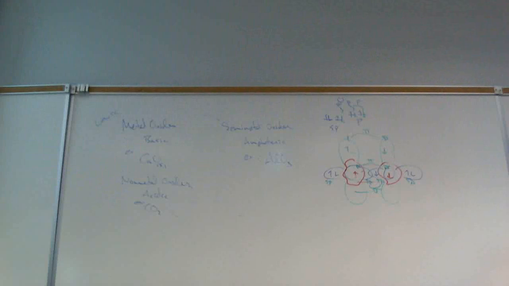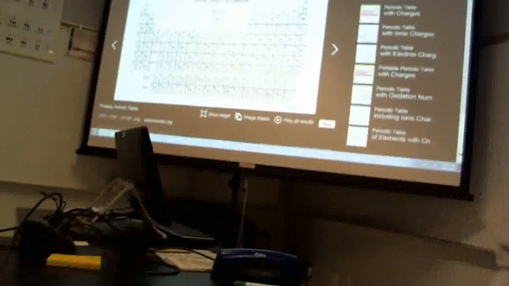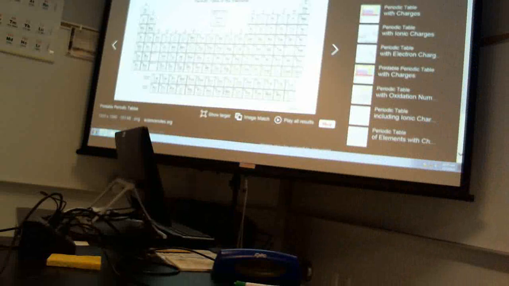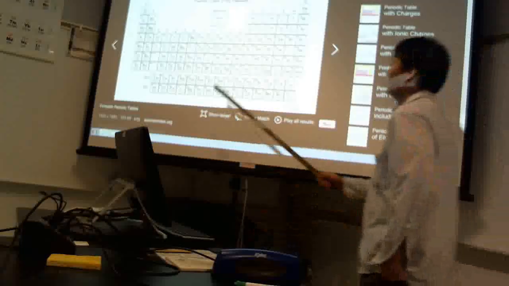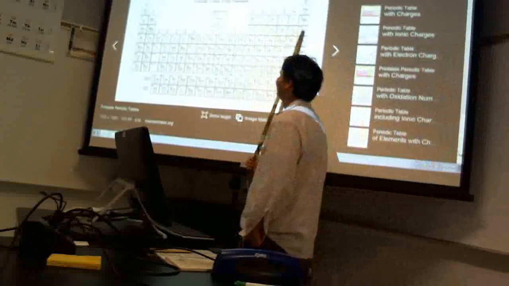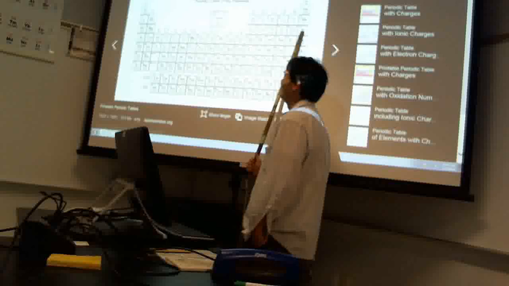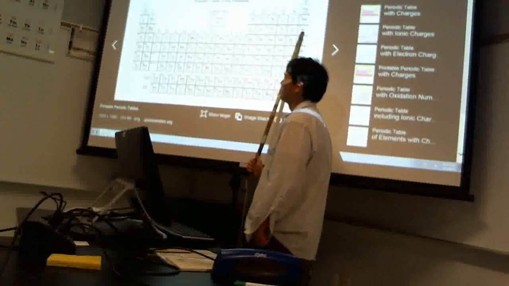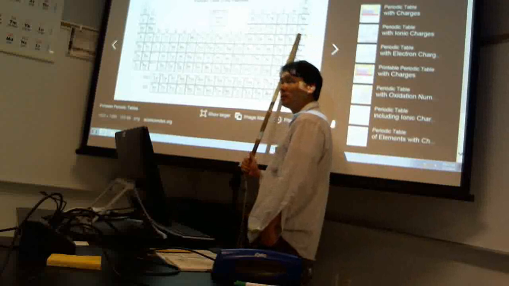Z is 26. Use the periodic table here. It would be 26 minus 18. Probably the easier thing to do is a lot of people will say 18 core electrons, but maybe we shouldn't say core, we should say inner shell electrons, because inner shell electrons shield the outer shell electrons, right?